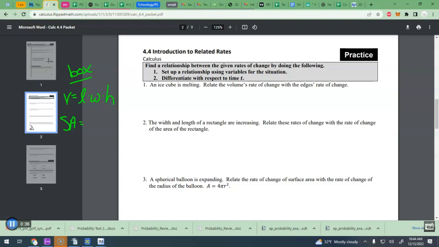Close. They're all different. You're assuming that 4 of those sides are the same, but we don't know that. So it's 2LW plus 2LH plus 2HW.